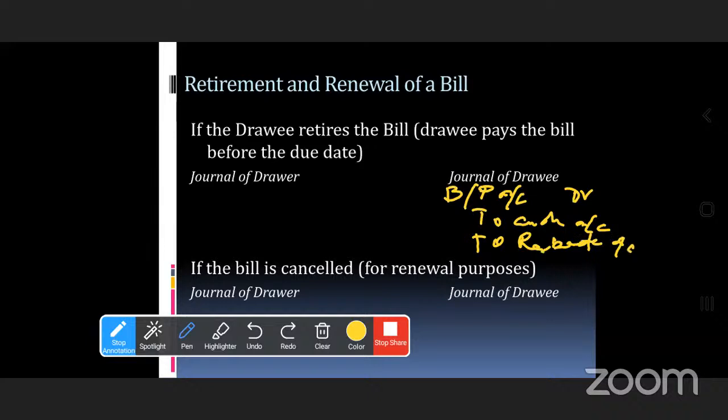That is, bill retired at so and so date before the due date and rebate at a certain percent is allowed.